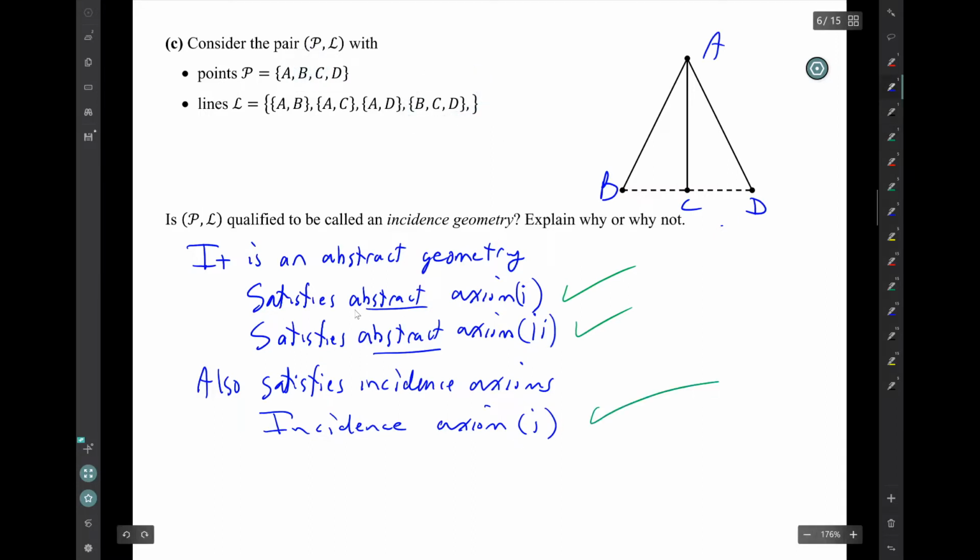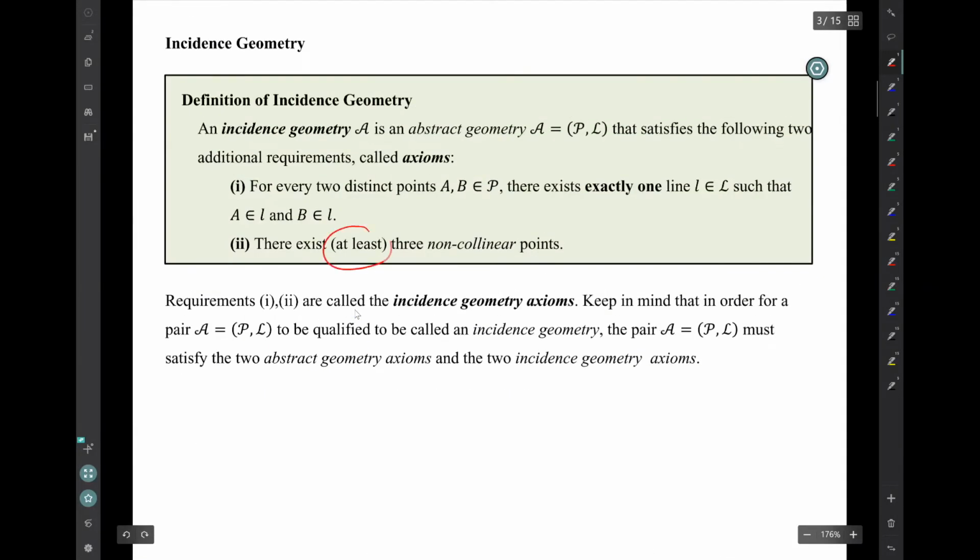Do there exist 3 non-collinear points? Well, look, there are 3 points that are collinear. They're not non-collinear. But that's okay, because axiom 2 doesn't say that all sets of 3 points have to be non-collinear. Axiom 2 just says there must exist at least 3 non-collinear points.